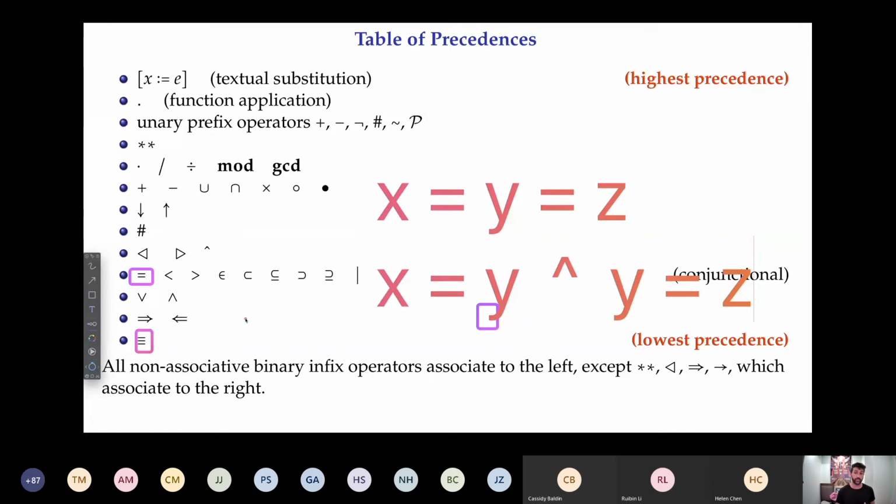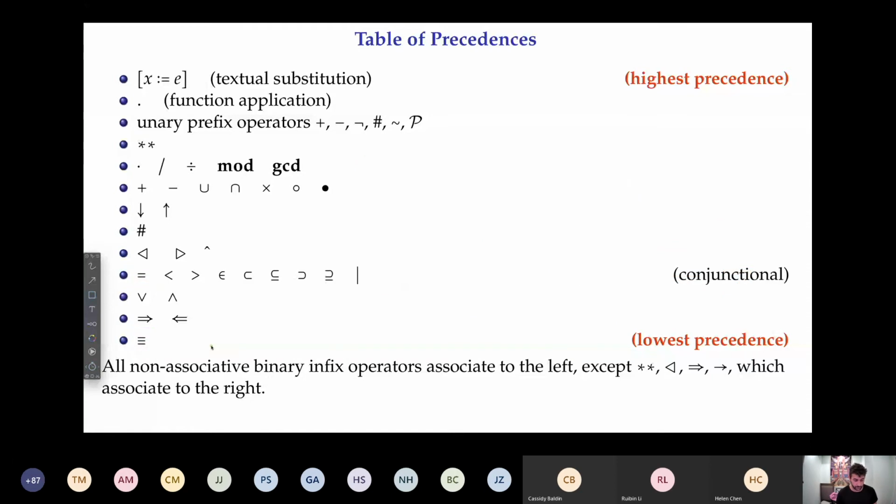This is what it means to be conjunctive. For each relation being used, you put an "and" and the two pieces in the middle stay there. Whereas associative means you instead either parenthesize this way or parenthesize this way.